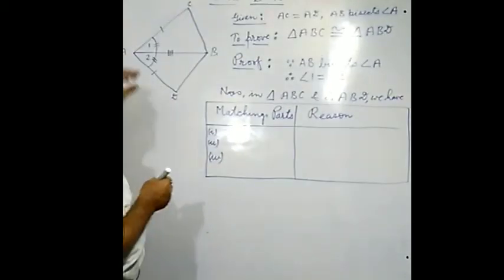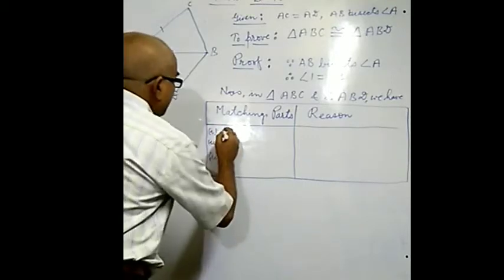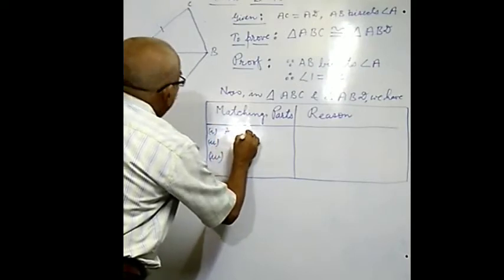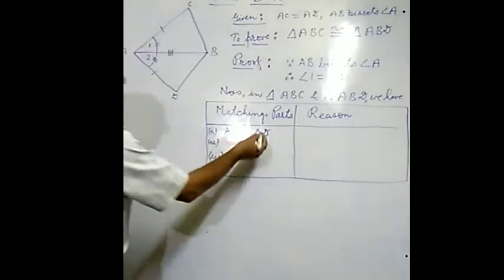So what is the first matching part? AC of upper triangle equal to AD of lower triangle. First matching part is AC equal to AD.